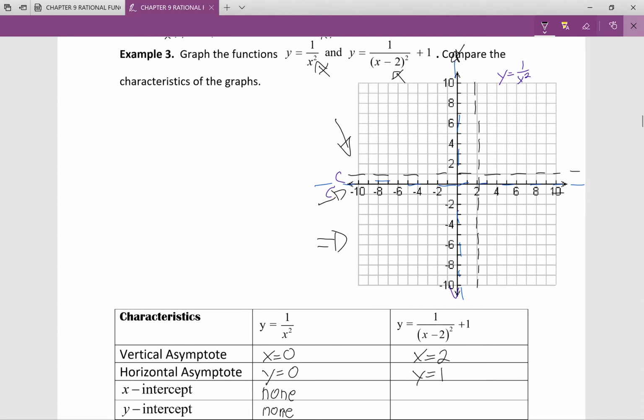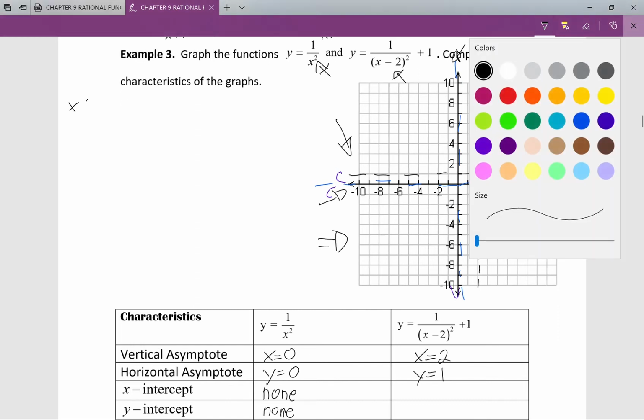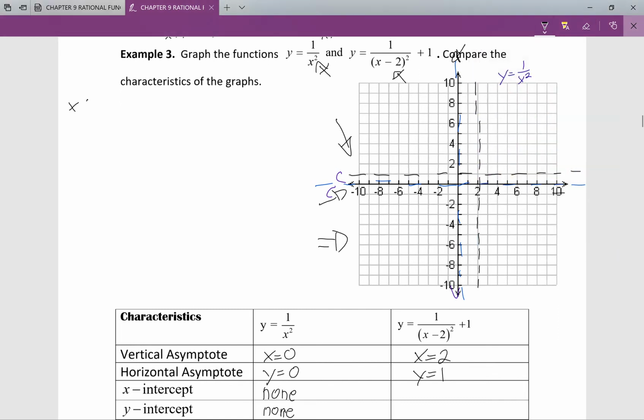But just for funsies, let's see what happens if we try to find the x-intercept. I'm looking for my x-intercept, and we know that y equals 0. So I get 0 equals 1 over (x minus 2) squared plus 1.